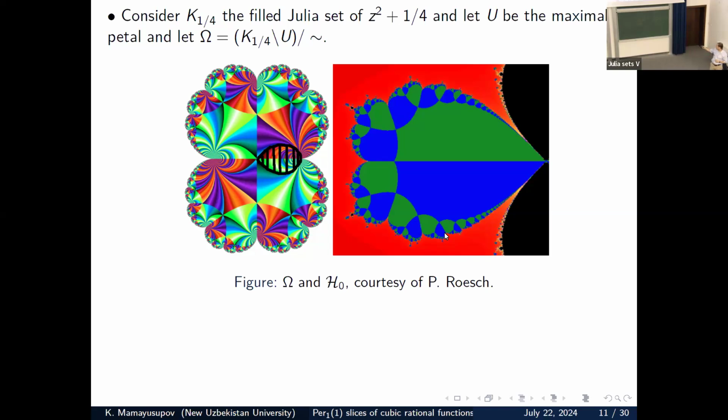So z you identify with its conjugate. So 2 vertical points are identified. And then you can also get this tessellation, yeah. And this line corresponds exactly to this line then. Here you have points where 2 critical points are on the boundary of this petal.